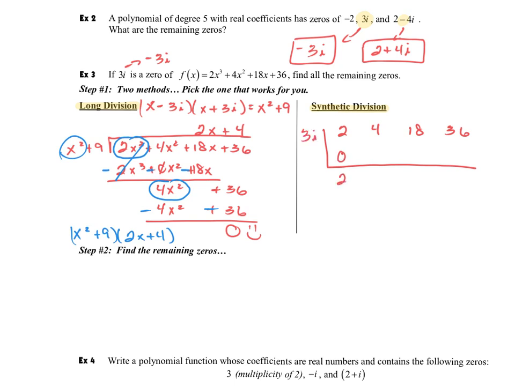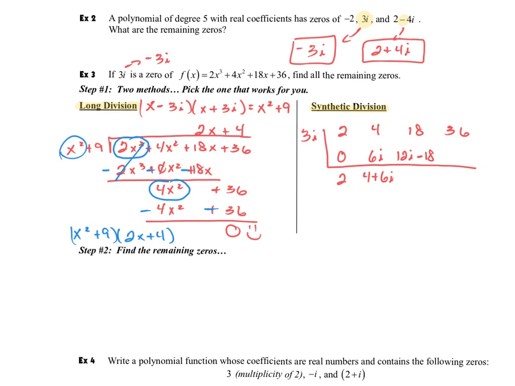So I have my 2, and then I have a 6i, and then this becomes 4 plus 6i. I'm going to multiply that by the 3i, so that's going to give me a 12i. And then our 3i times our 6i is 18i squared, which then we're going to flip it to a -18.